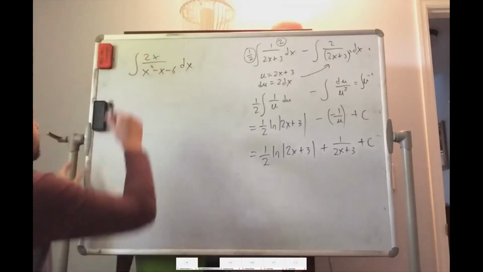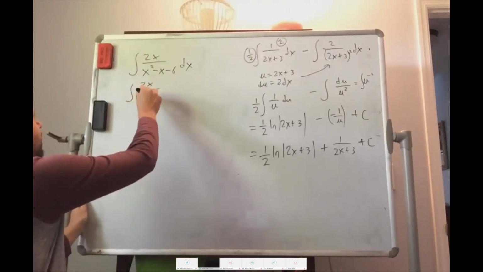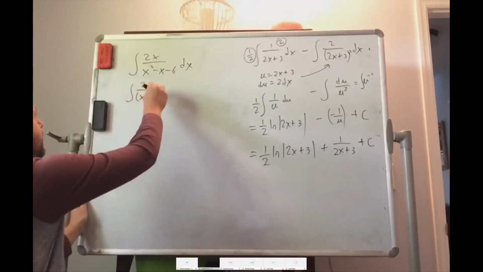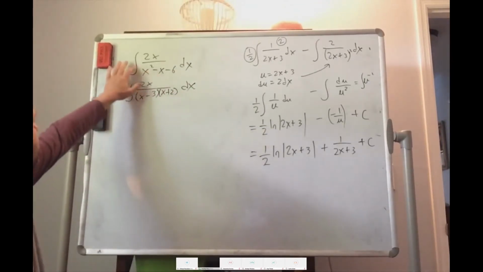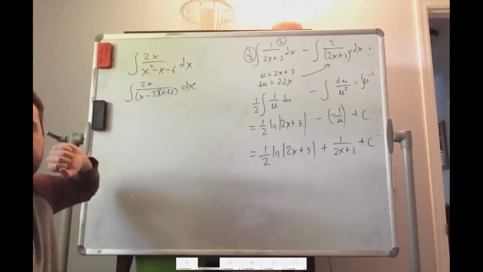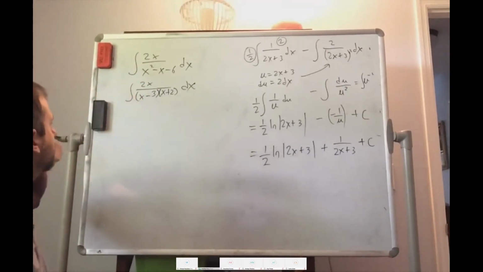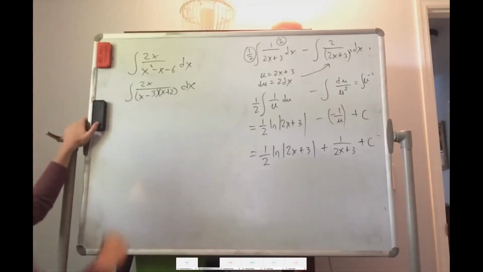So that happens sometimes. So this is 2x over (x minus 3)(x plus 2) dx. And then you notice, looking at both of these, it's pretty clearly set up that this is supposed to be something that is integration by partial fractions. So let's go through the steps.